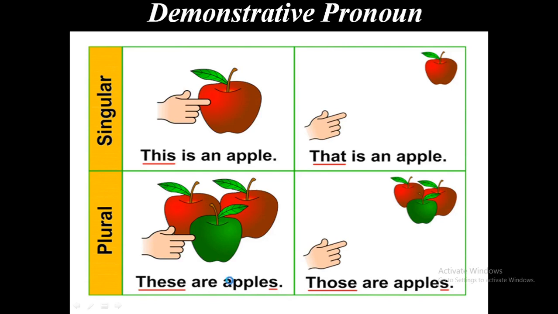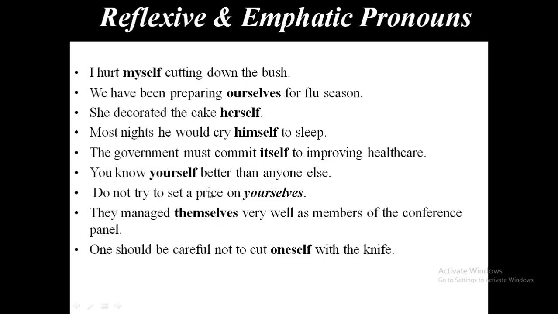So here see how many reflexive pronouns we have. Myself, which is always used with I, and ourselves, a plural form, which is always used with we. Herself with she, and himself with he.